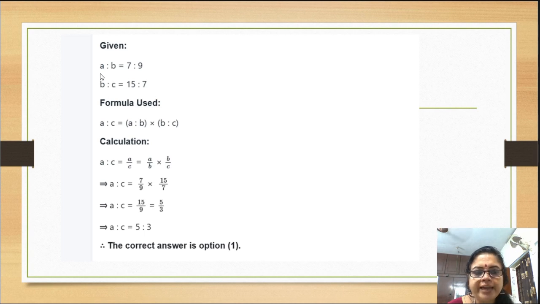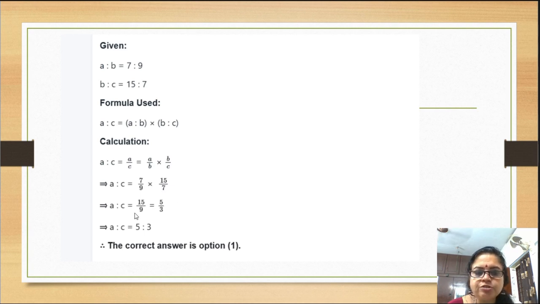So when we want A is to C alone, you know that the A is to C ratio is A is to B into B is to C, because it is A by C. A by C is A by B into B by C. So B and B will cancel out. You get A by C, which is actually A is to C. So A is to C will be A by B, which is 7 by 9, into 15 by 7.